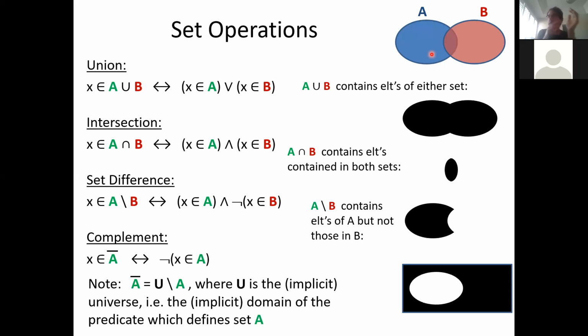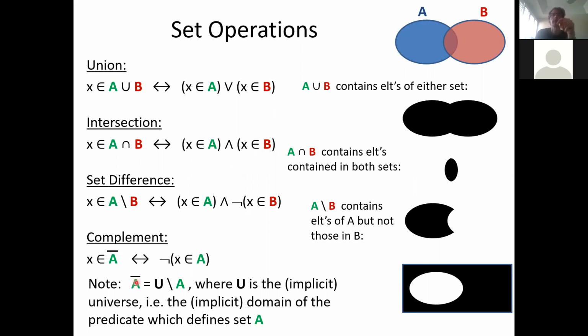And for every predicate, there is a set, right? So what set is built by negating the predicate that builds set A? The set that is a complement of set A. This set is a complement of A. It includes all x's that do not belong to A. So x belongs to a complement if it is not true that x belongs to A. In other words, that x does not belong to A.